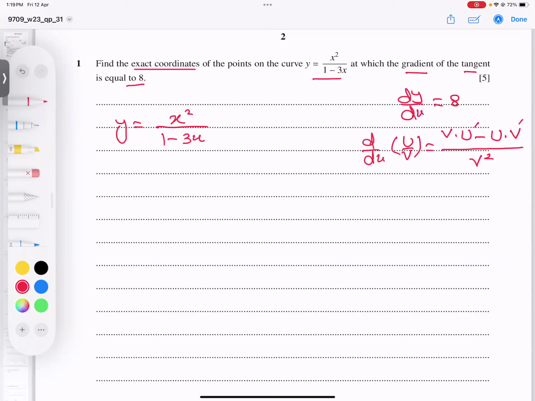Now I'm going to apply the same situation here. Apply on this situation.